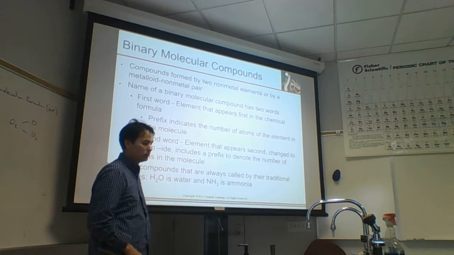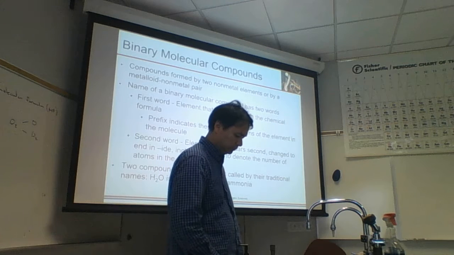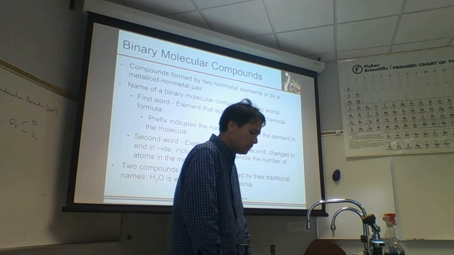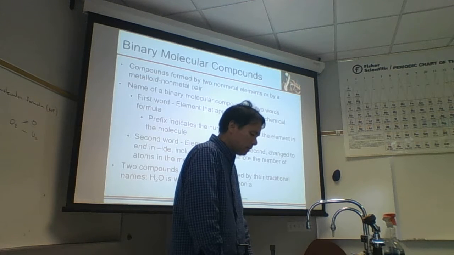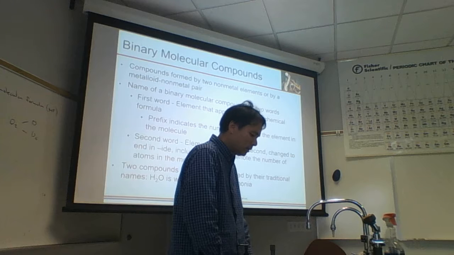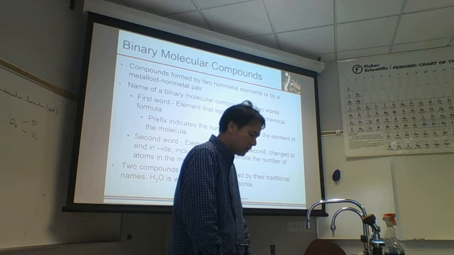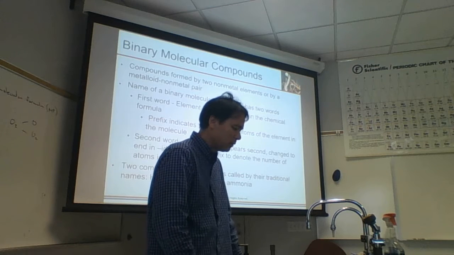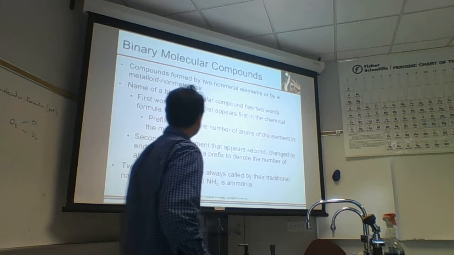So we're going to break down the rules into molecular compounds versus ionic compounds versus covalent lattice type compounds. We have different types of compounds, and the way we name them varies.